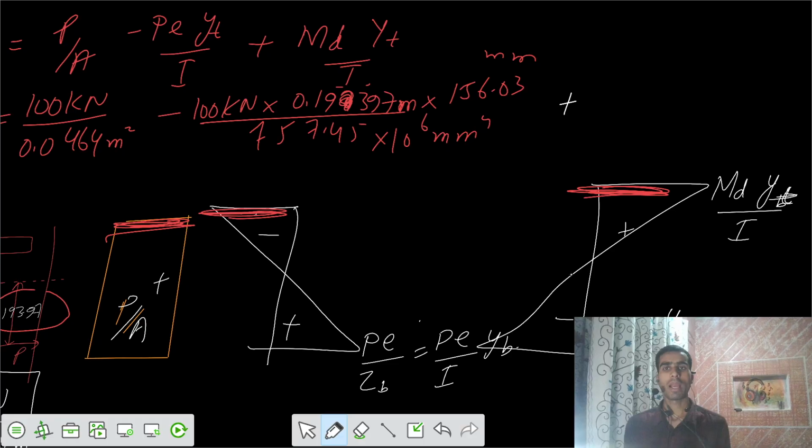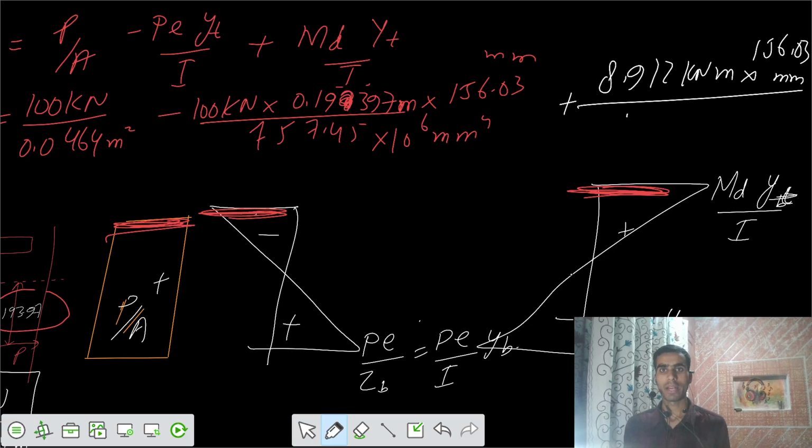And third one is M dead. Because of the dead load, you had that bending moment, MD, equal to 8.912 kilonewton meter into Y top 156.03 millimeters divided by I neutral axis, 757.45 into 10 to the power 6 millimeter power 4.